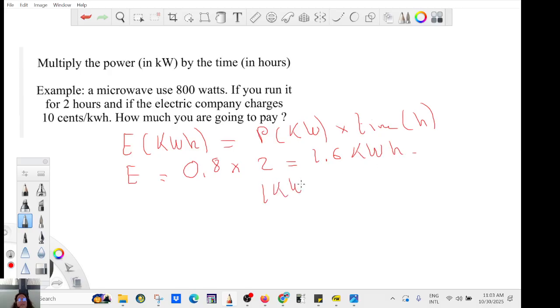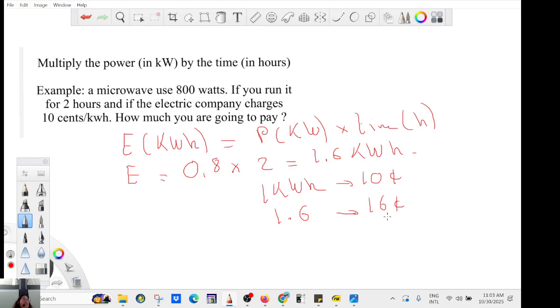So 1 kilowatt hour is 10 cents, so 1.6 will be 16 cents. Okay?